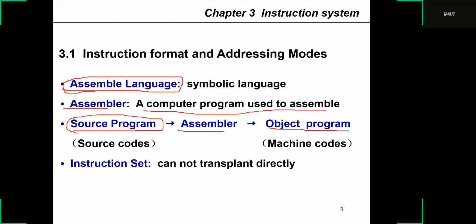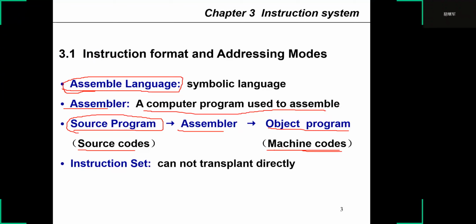So we get the object program, which can be executed. Here is source code. Here is machine code. Machine code consists of 1s and 0s.